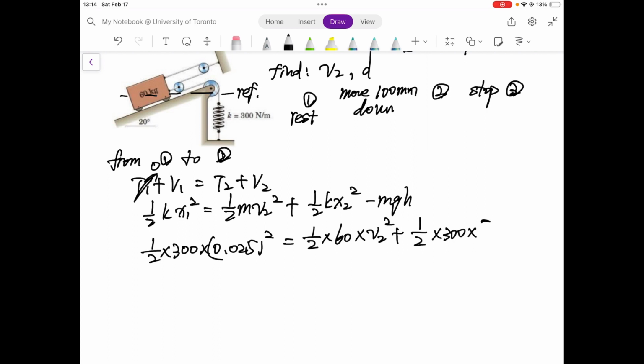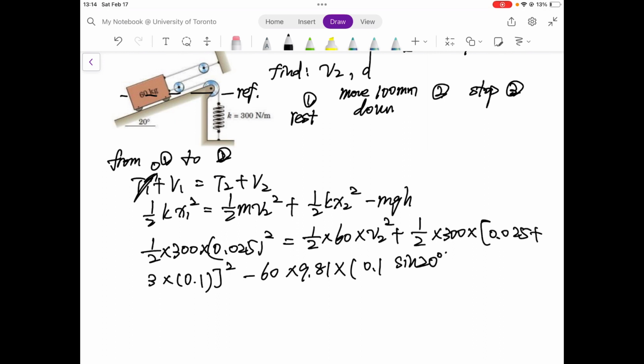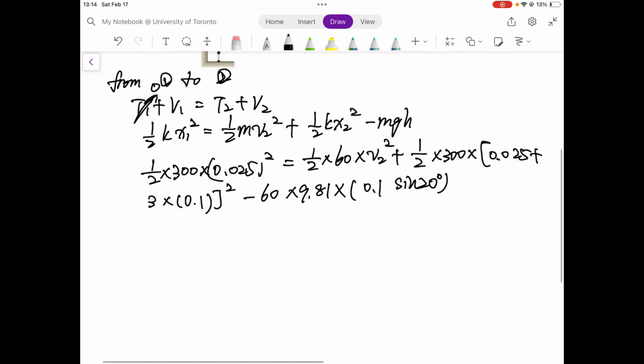So we say x2 is equal to 0.025 plus 3 times 0.1, squared, minus the gravitational energy, 60 times 9.81 times 0.1 times sine 20 degrees. So after we solve this equation, we have v2 is equal to 0.382 meters per second.